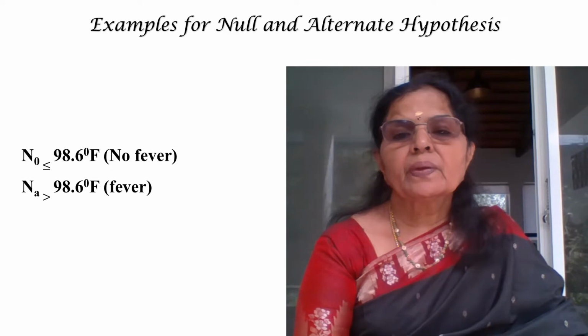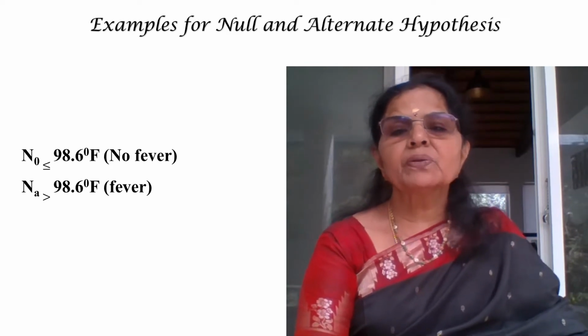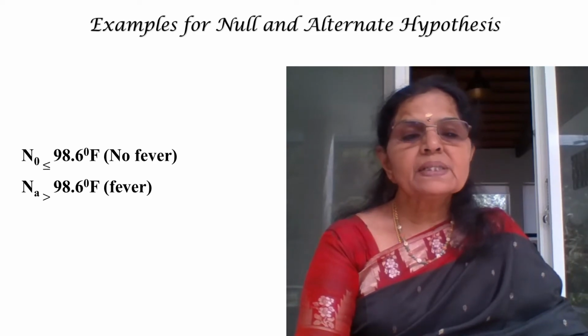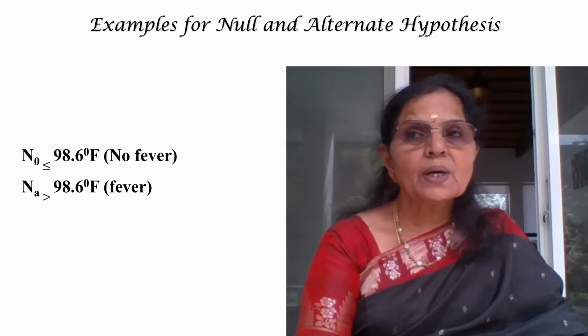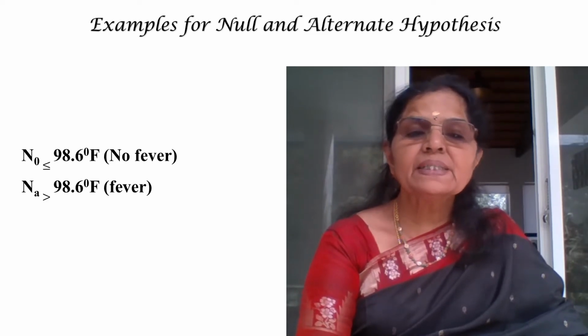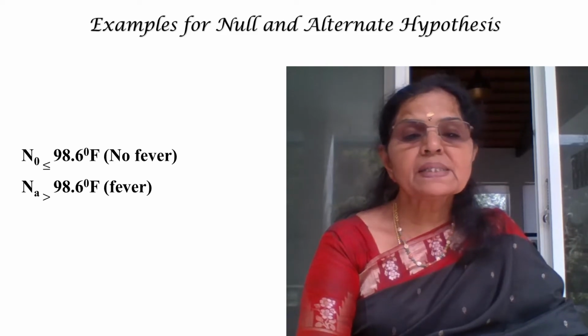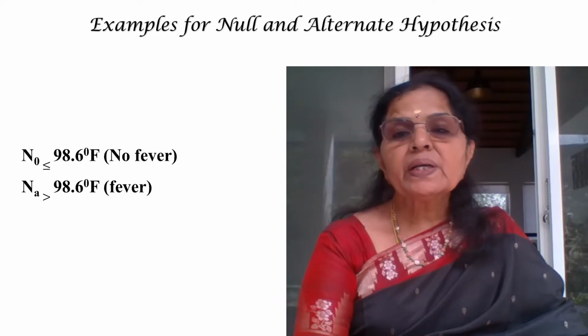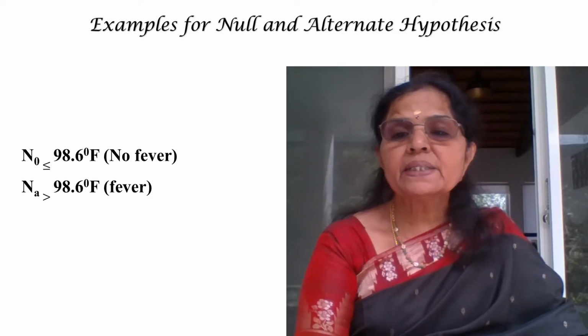So here is an example of null hypothesis and alternate hypothesis, where the null hypothesis says the temperature equals or below 98.6 degrees, and the alternate hypothesis says the temperature is above 98.6 degrees Fahrenheit. See this example and note that it is all about body temperature.